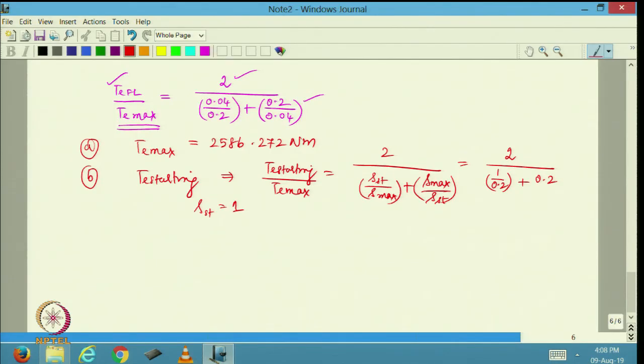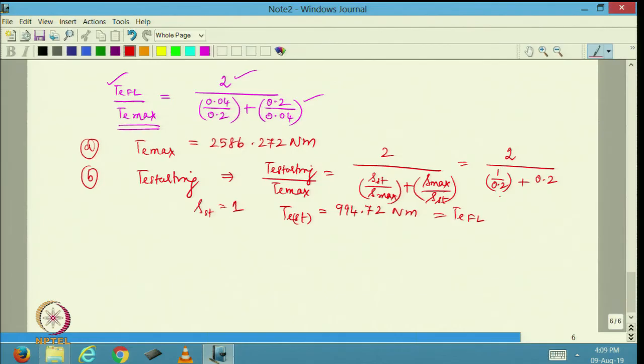So, you can calculate TE starting. TE starting comes out to be 994.72 Newton meter, which is the same as that of TE full load. Is that so?